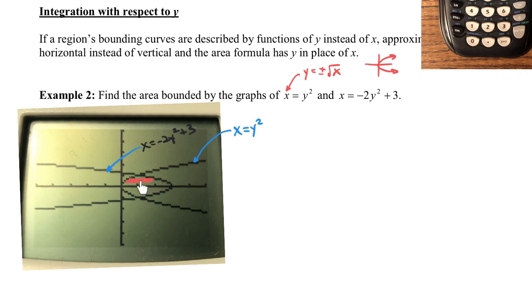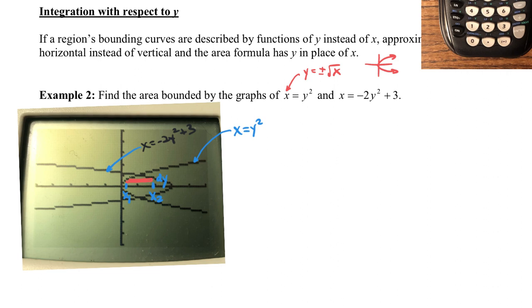And then the length of the rectangle, or the height if you want to think of it that way, is just going to be this x-coordinate, x sub 2, take away that x-coordinate, x sub 1. So the length is x2 minus x1, and the thickness will be a dy thickness.